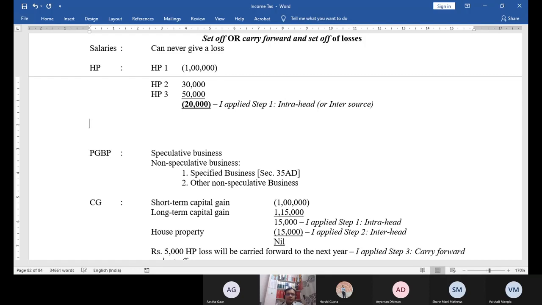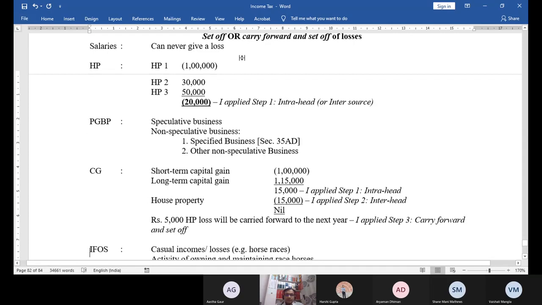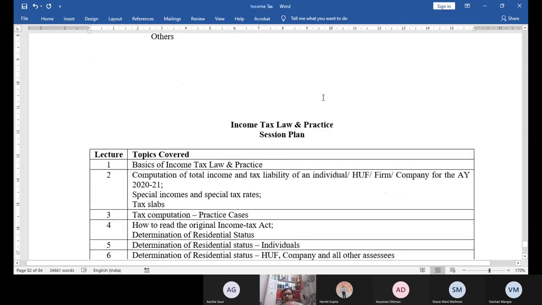Let me simplify this for you. Let me make a table for you.